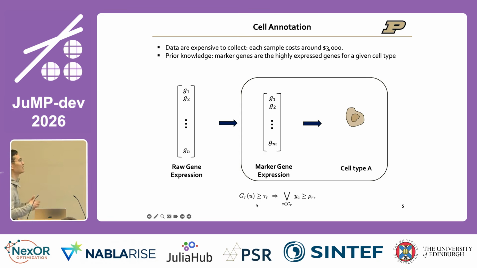So essentially what it says is if some subset of the genes are highly expressed, then I know my cells are likely to be a subset of cells. Right? So you can write a disjunctive over the probability of the cell types. Right? So any of them greater than or equal to a probability threshold they set. And you will see it in a second, using these types of heuristic rules can help the machine learning when you don't have a lot of data.